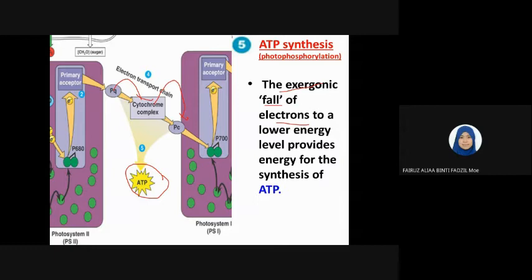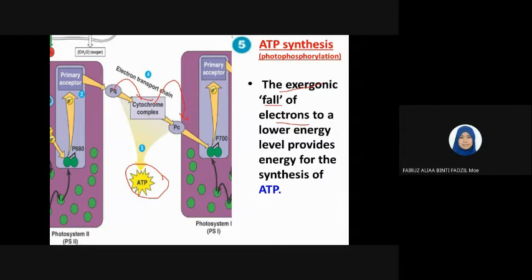And that energy released from the electron transfer is used to pump protons. As the result of the proton pumping, that will establish a proton gradient.